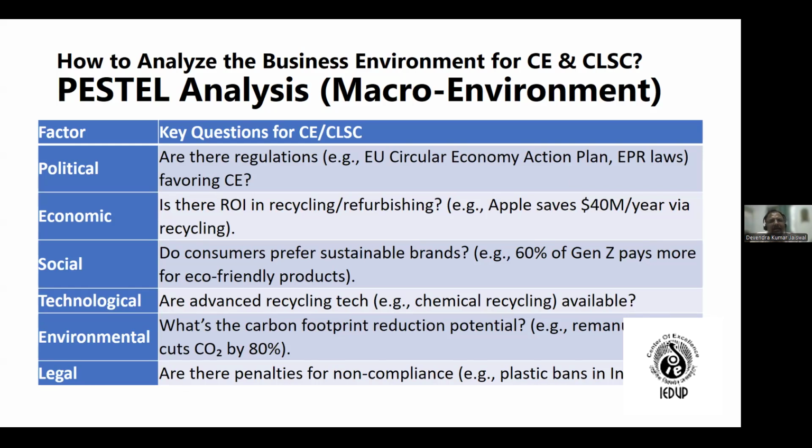Keeping that in mind, we are looking at the political factor. We are asking whether there are regulations, for example the EU Circular Economy Action Plan. EU stands for European Union. EPR laws favoring the circular economy are environment protection rules.